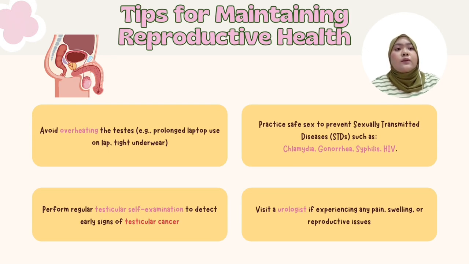Doing regular testicular self-examination can help detect any unusual lumps early, especially for conditions like testicular cancer. And lastly, if someone experiences any pain, swelling, or changes, they should seek help from a medical specialist such as a urologist.